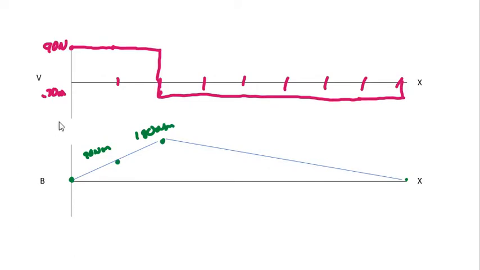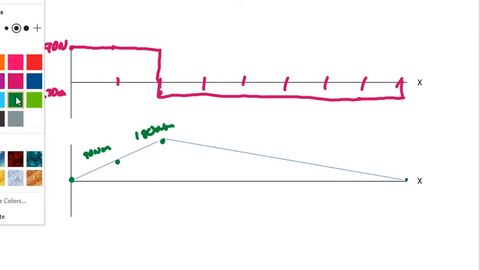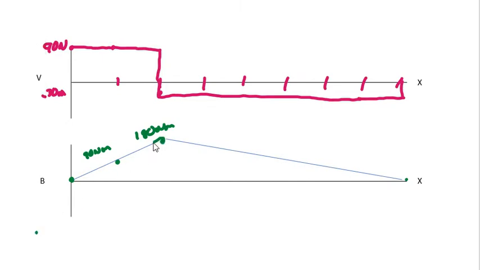So I get something like this, and I think I'll try to draw and fill them in a little bit. Maybe I won't because it doesn't like it. I have a straight line going up by 90. I got a straight line going down by 30.